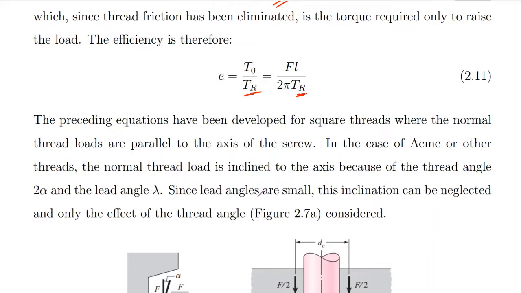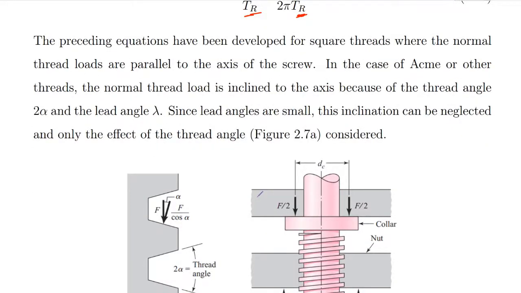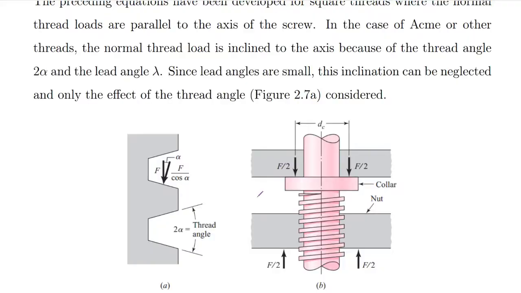The equations that we have looked at earlier were developed for square threads, where the normal thread loads are parallel to the axis of the screw. In the case of Acme or other threads, the normal thread load is inclined to the axis because of the thread angle 2 alpha and the lead angle lambda.